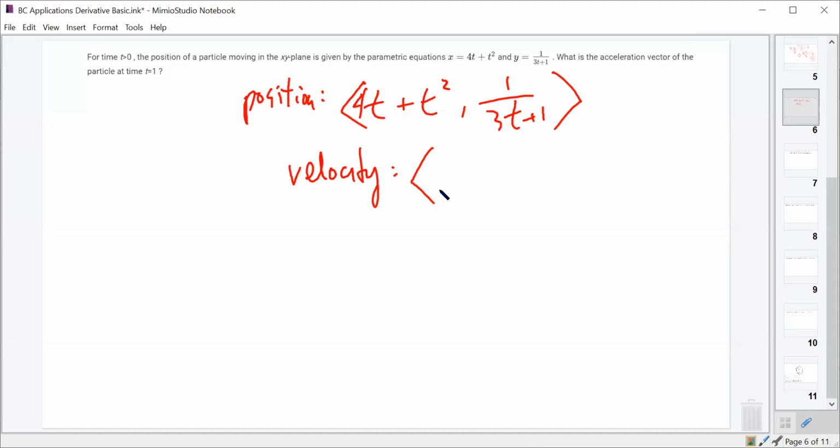Should just be the derivative of that, which should be what? 4 plus 2t. And what's the derivative of 1 over 3t plus 1? That's 3t plus 1 to the negative first power. We can use the reciprocal rule on it if we want. So what do we get? We get the opposite of the derivative of 3t plus 1, which is 3 over (3t plus 1) squared. Is that what you all got for your velocity vector?